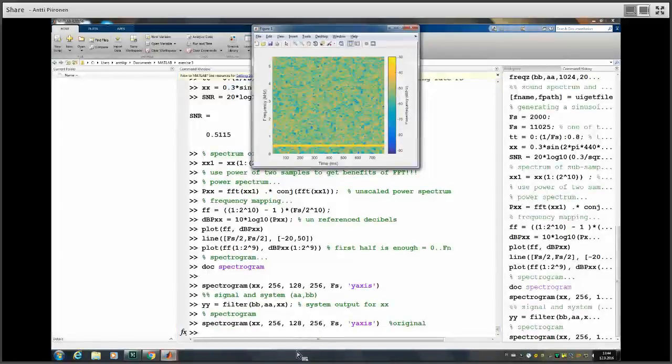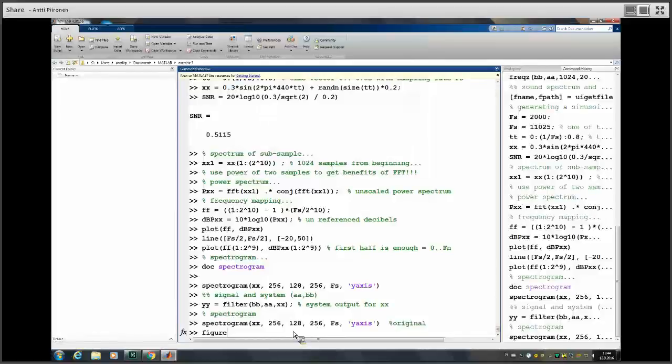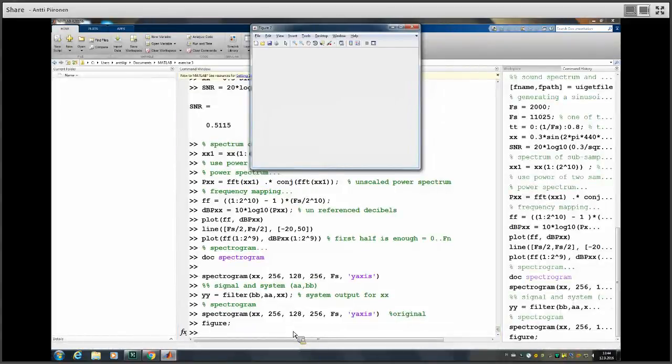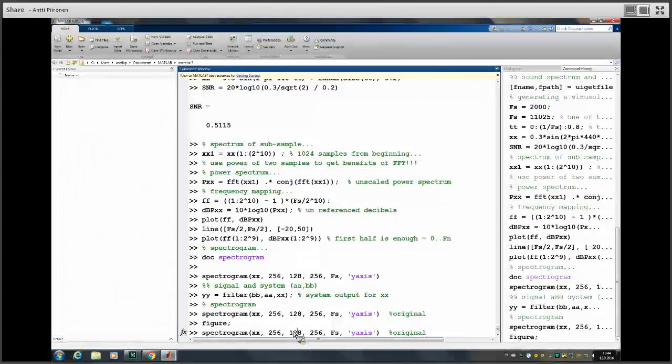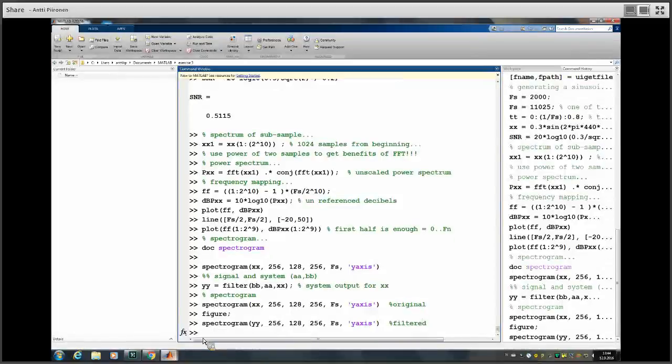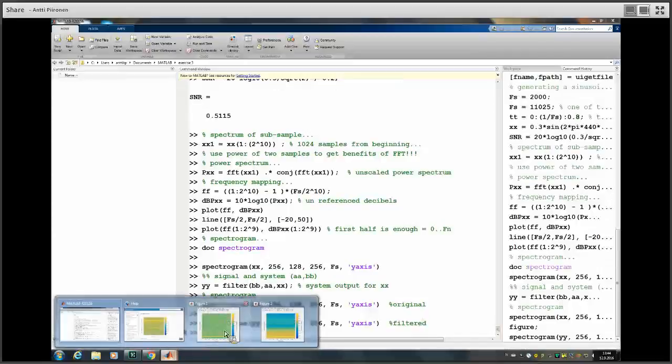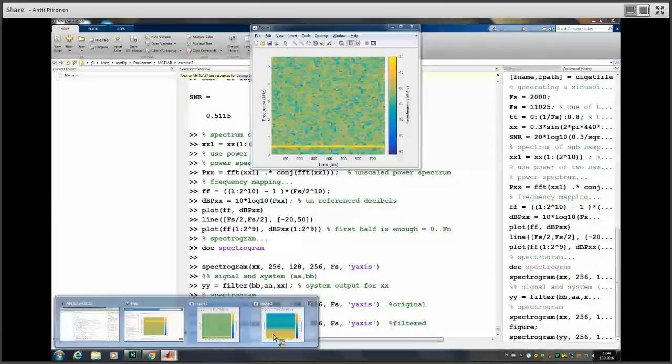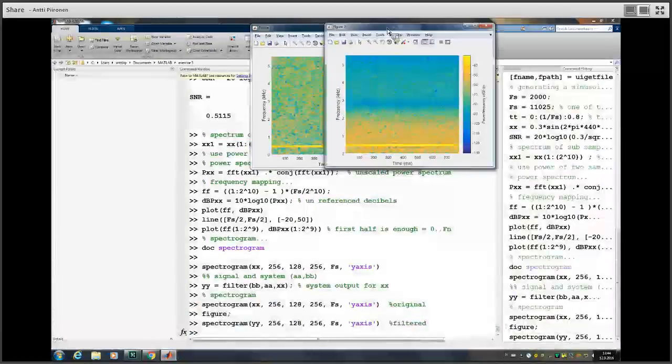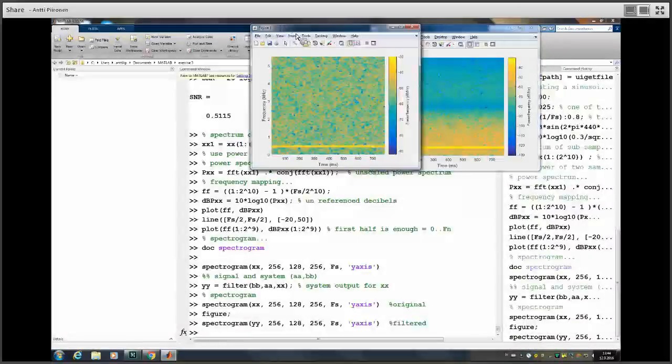I take another figure and put YY there. So this is the filtered signal. And oh yes, the system did something to the signal.